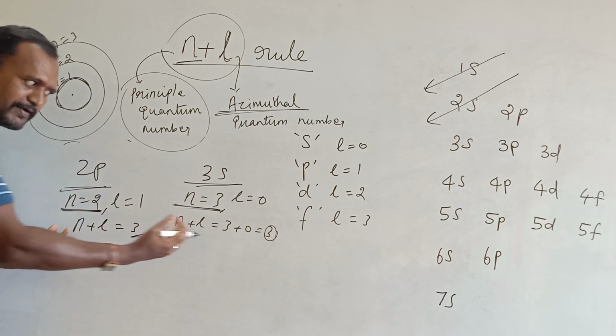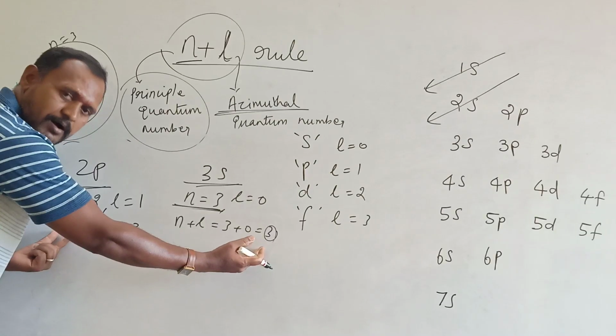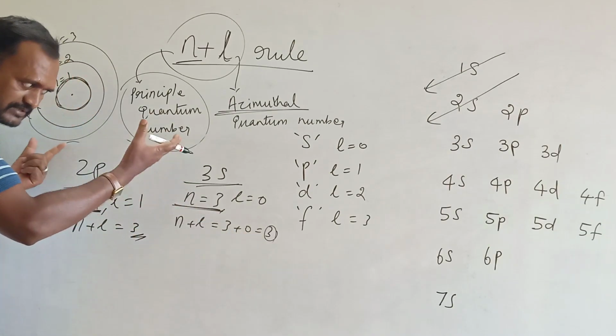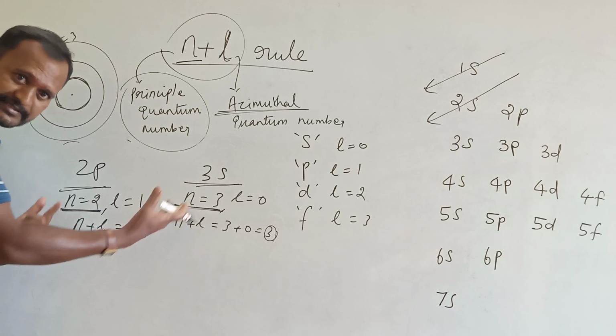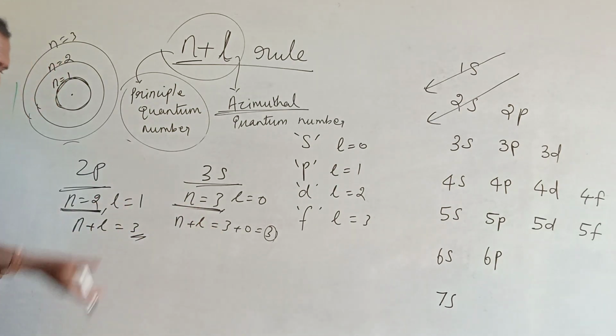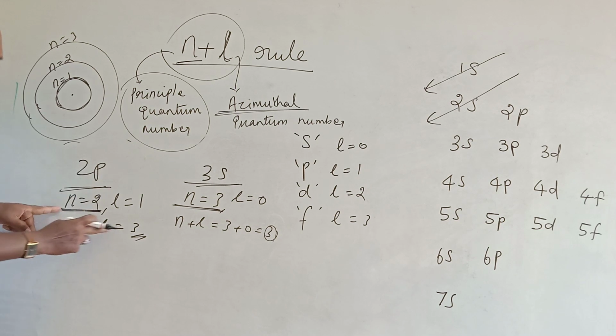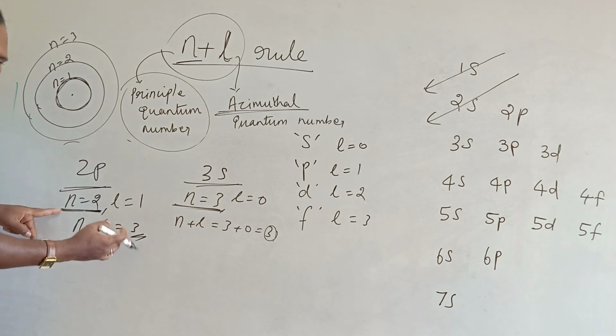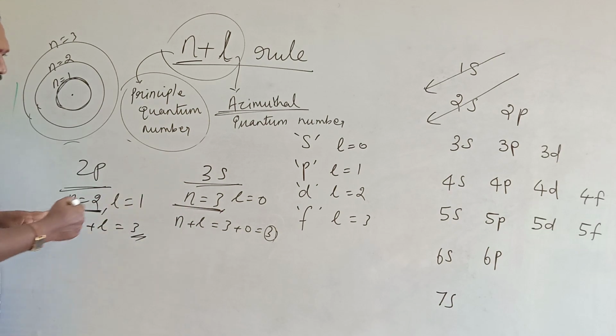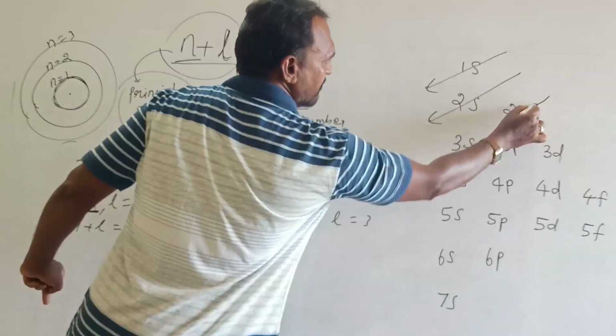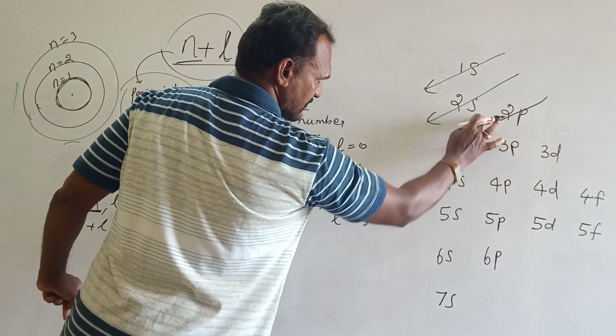If two orbitals are having the same n plus l value, the orbital which is having less n value is having less energy. So comparing with 3s, 2p is having less energy because it is having n equal to 2, even though n plus l is equal to 3, as 3s has. Are you clear? Then 2p is filled first and then 3s.